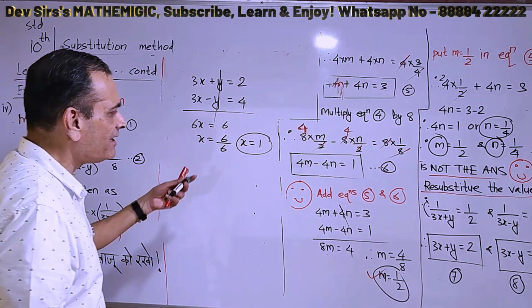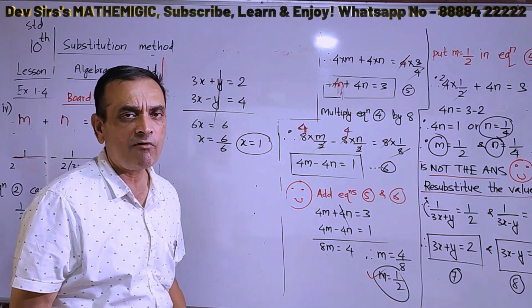Get the value of x. We got the value of x first. Now try and get the value of y.